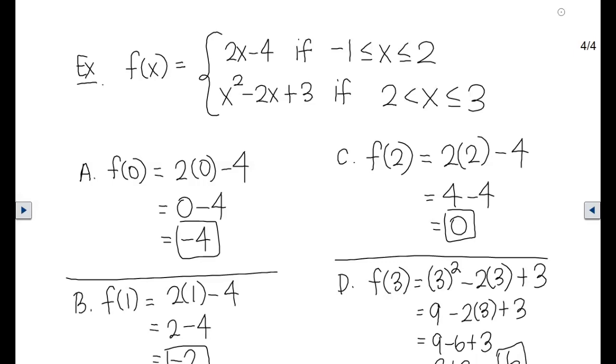You want one specific input to have exactly one output. So to determine which rule to use, take your x value and see which domain it fits. Which domain is it in? And that will tell you which piece of the function to use to evaluate. If there are any questions at all, I know this is brand new to you. It's not something you would have ever done before. Please be sure and let me know.